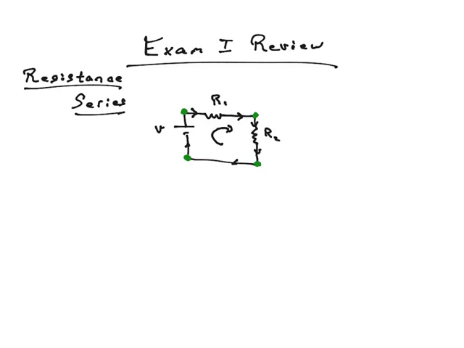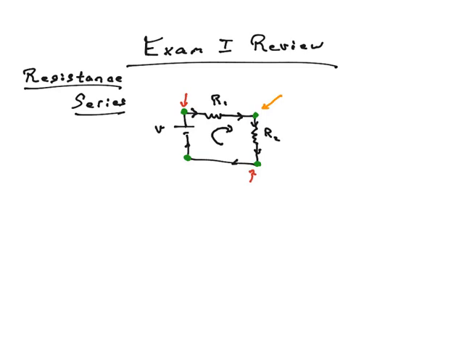We know that two resistors are connected in series if they share only one single node in common. So with these two resistors, they share this node in common, but this node does not touch resistor 1, and this node does not touch resistor 2. So these two resistors share one node in common, thus they're connected in series.